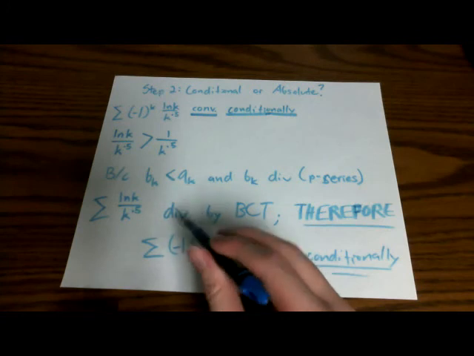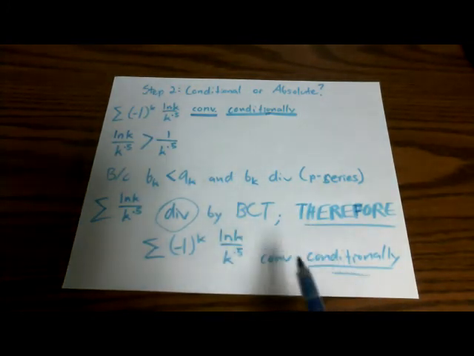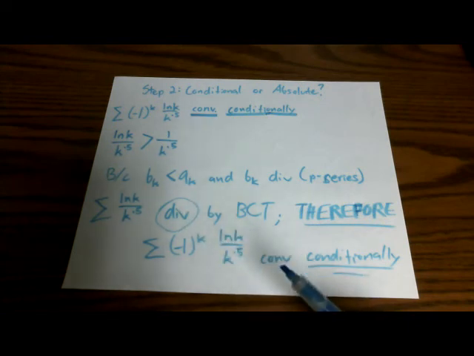So if you get a divergence, it's going to be conditional. If you get a convergence, then it's going to be absolute.